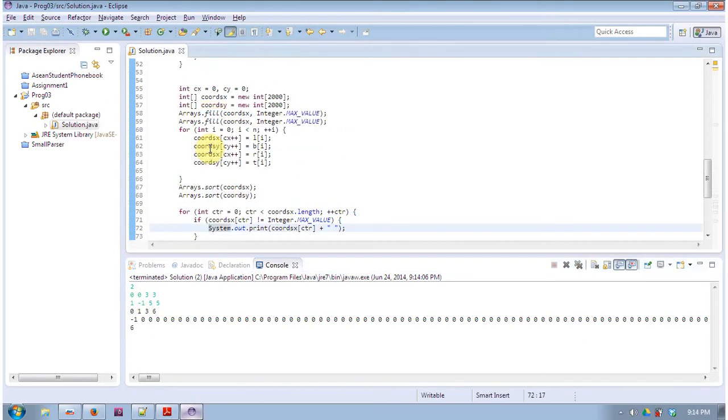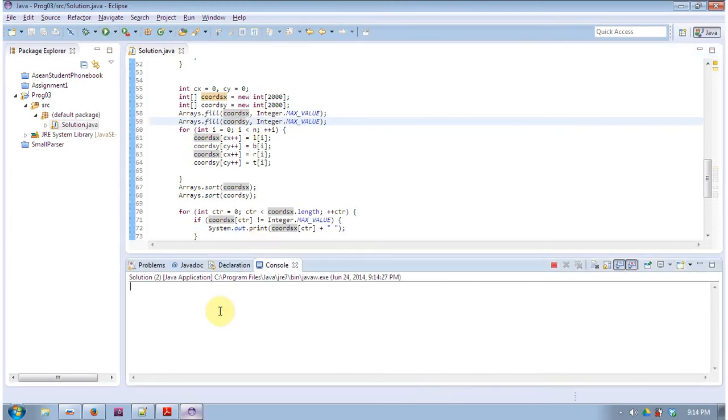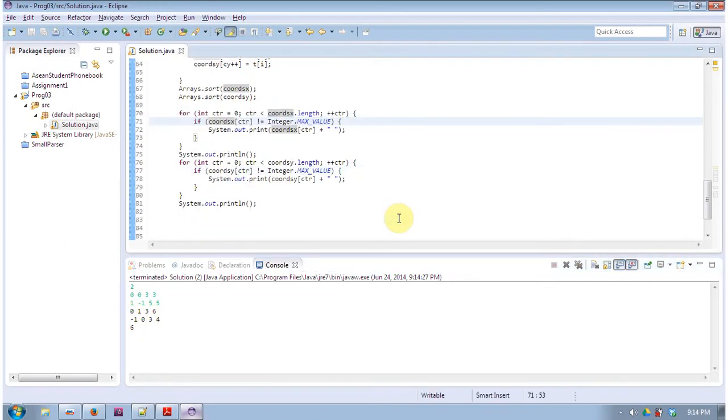It's 0. Okay. 2. Okay, so essentially we store the coordinates.